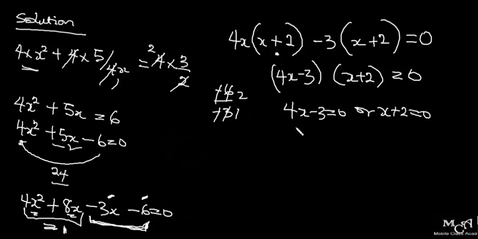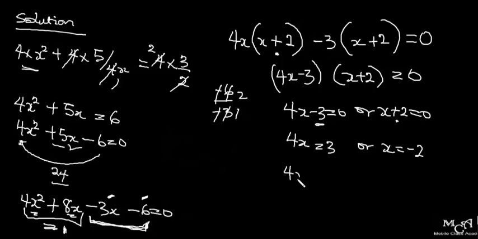I want x to stand alone. Therefore, I'm going to transfer this minus 3, which gives me 3, so 4x equals 3. Or x equals, once this plus 2 crosses the equal sign, minus 2. Are you with me? What will I do to make my x stand alone?